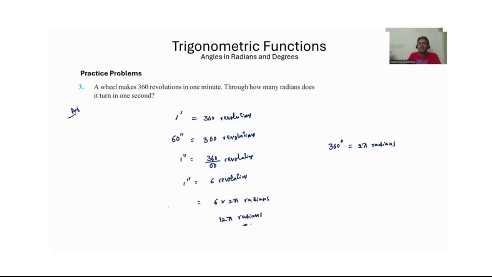So basically, the wheel makes 360 revolutions in a minute. How many radians does it turn in 1 second? In 1 second, it turns 6 revolutions. Each revolution is 2 pi radians. So 6 into 2 pi, that is 12 pi radians.